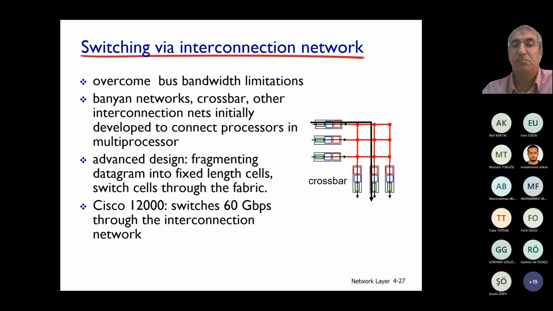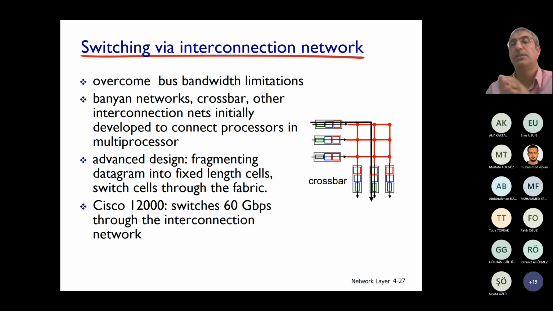Banyan networks, crossbars, and other interconnection networks were initially developed to connect processors in a multiprocessor. That's why this method was applied to switching in routers. It requires some advanced design, because in this case we need to fragment the datagram into fixed-length cells and switch the cells through the fabric.